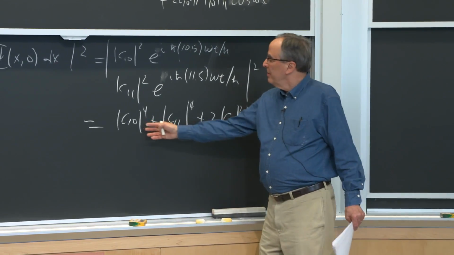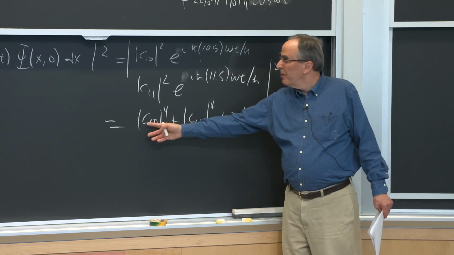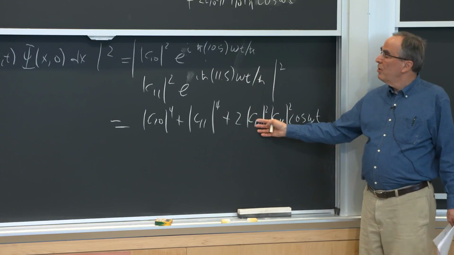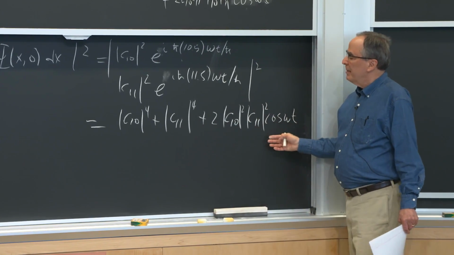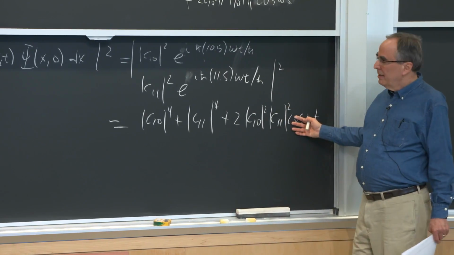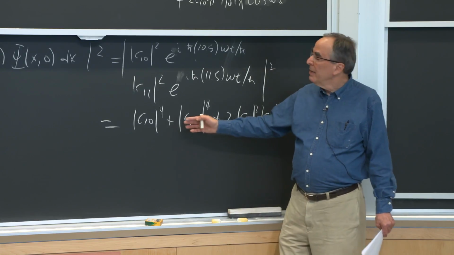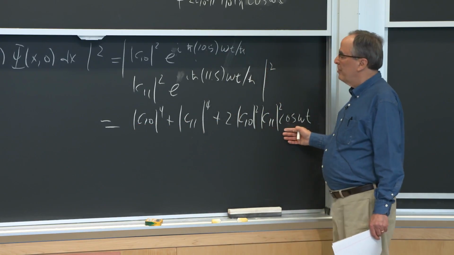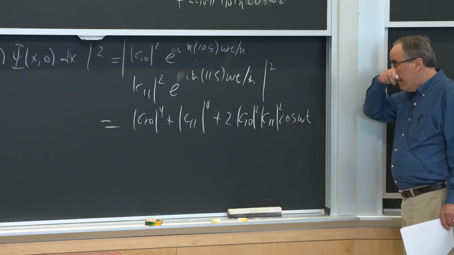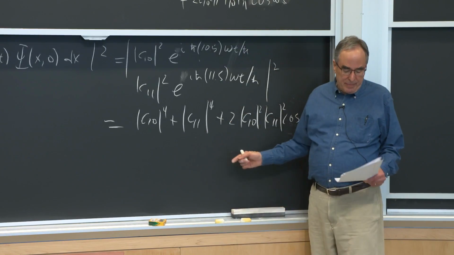So we've got a whole bunch of constant terms. This is constant because it's square modulus and it's to the 4th power. And so all of these coefficients are constant, positive. At t equals 0, this is 1. And so at t equals 0, the survival probability is at a maximum. And at some later time, that survival probability will be at a minimum.